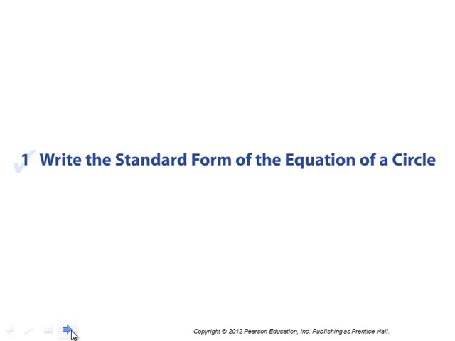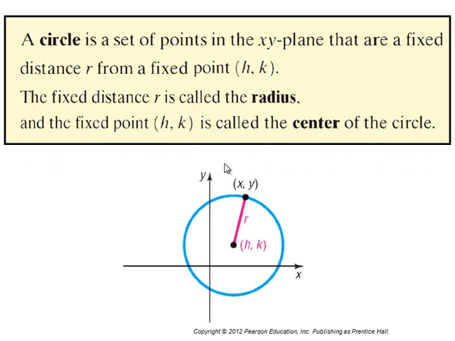Okay, so we're going to start off by first looking at the so-called standard form of the equation of a circle. Now, here's kind of the concept here. We have some point on the xy plane with coordinates h comma k. The x coordinate is h and the y coordinate is k. And then think about that fixed distance from the point.